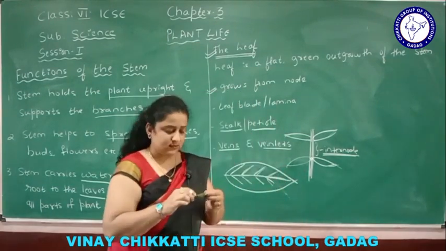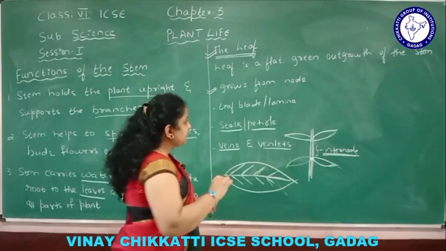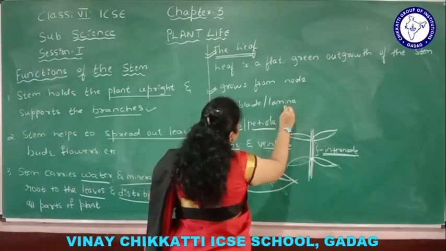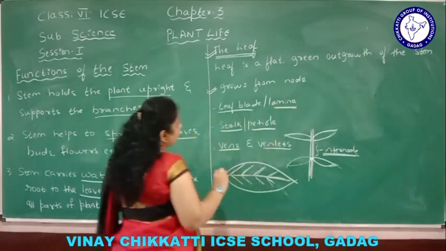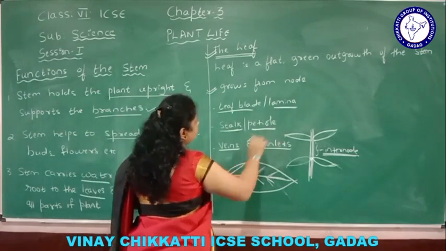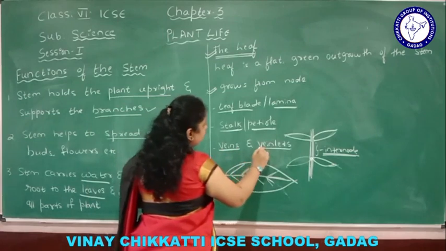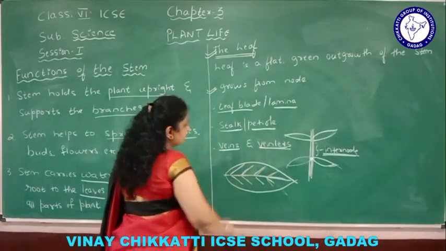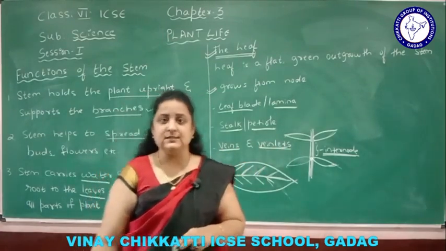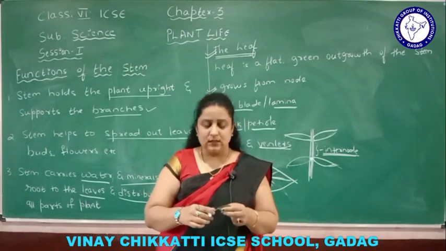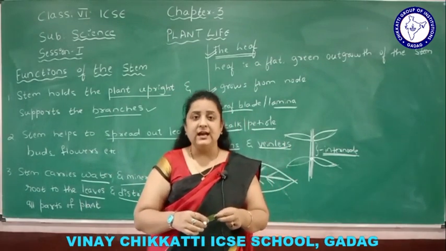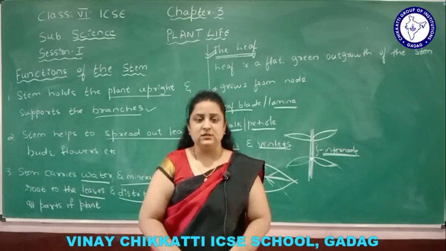Buds also arise from there, and the lines in the leaves are called veins and veinlets. They help in transport of water and minerals to the leaf.